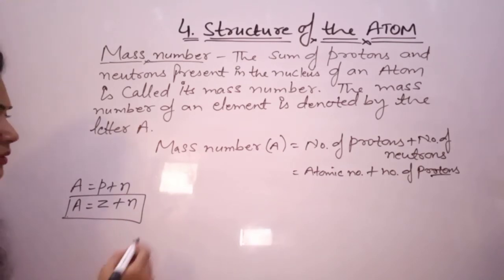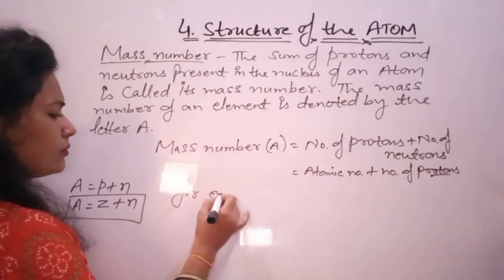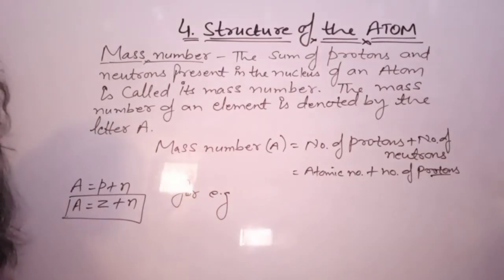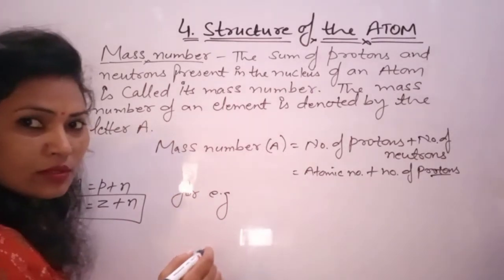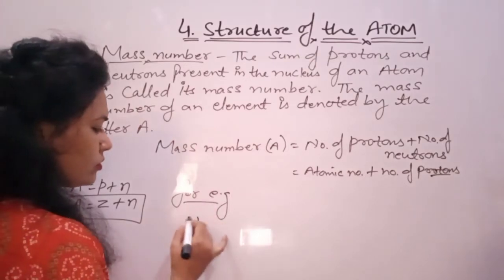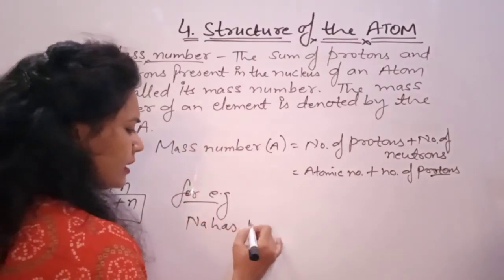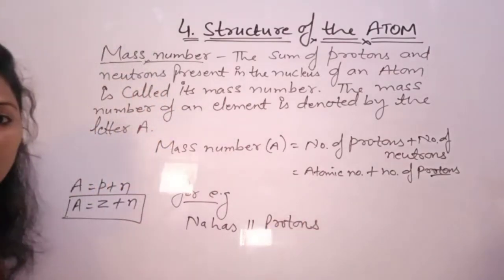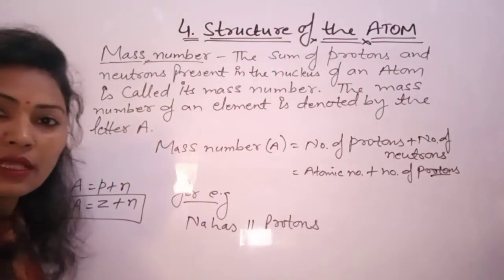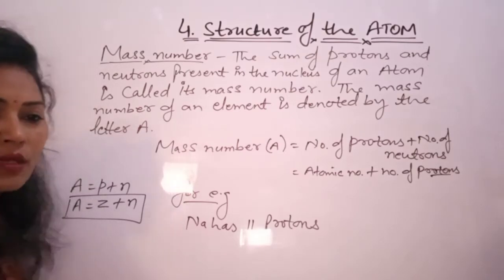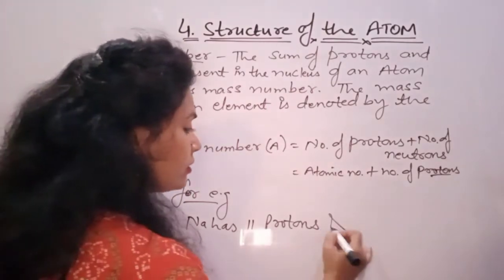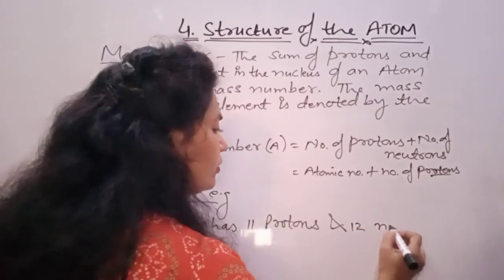For example, sodium has 11 protons. You know that sodium has 11 protons, and how many neutrons are there? 12 neutrons.